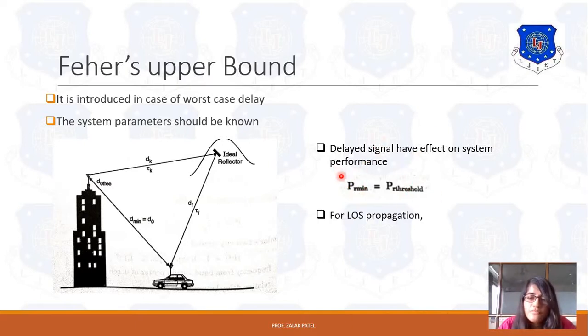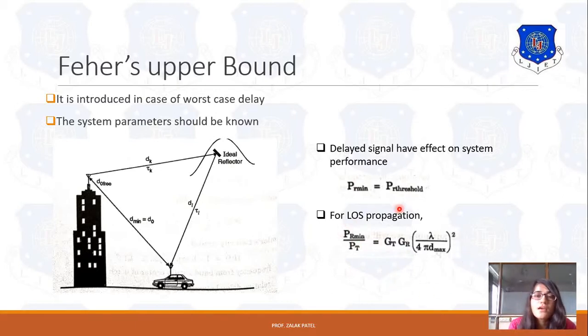Now let's put the equation for LOS. LOS means clear line of sight. Here we consider this transmitter to receiving path. If there is a direct path, then we can consider the line of sight propagation, and that is given by PR upon PT. Here please note that this equation is actually the phase transmission formula.